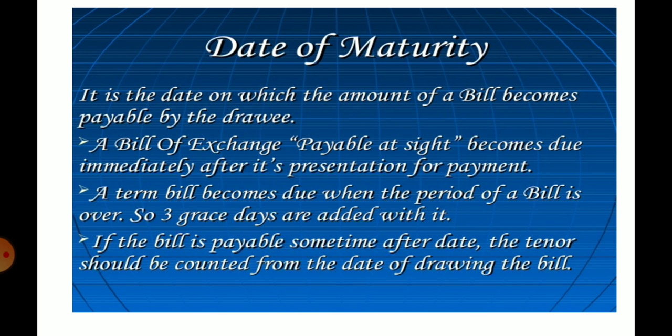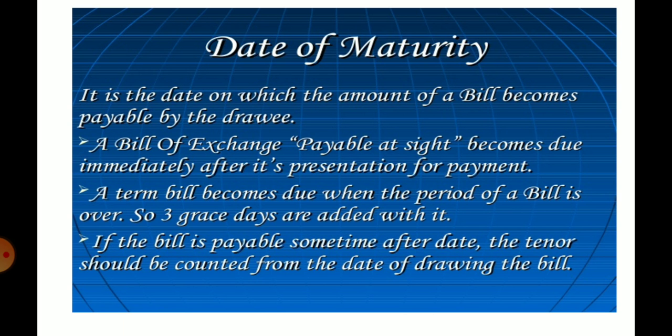A bill of exchange payable at sight becomes due immediately after its presentation for payment. In a bill of exchange, the expression at sight or on presentation means payable on demand. If no time for the payment is mentioned in the bill, it is payable on demand. Okay? It is also called a bill at sight.